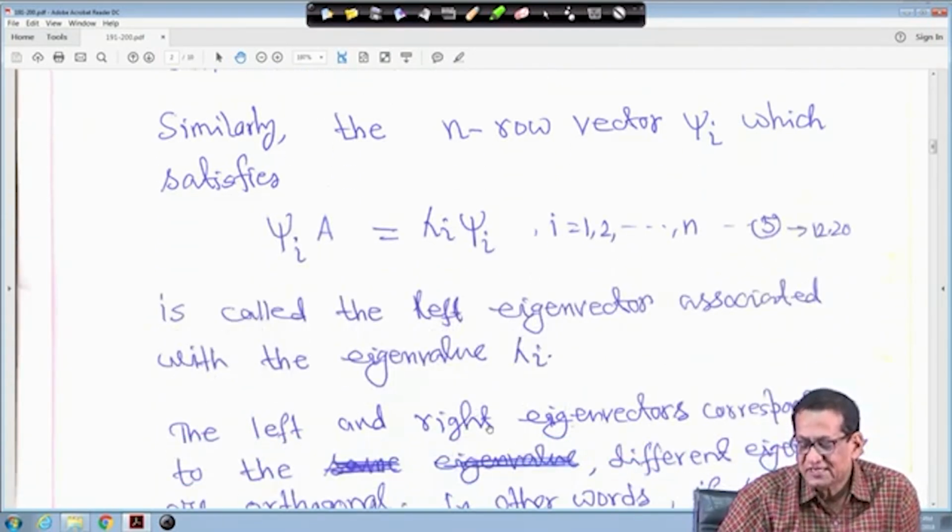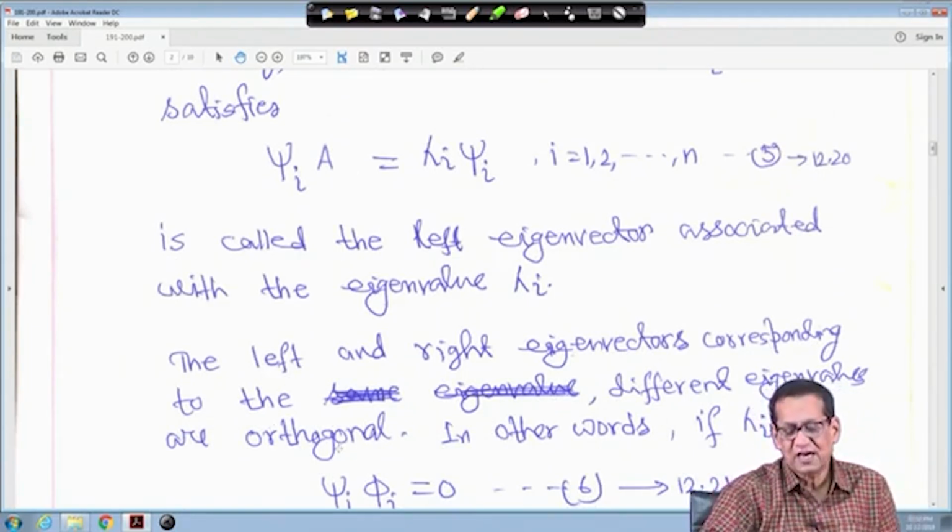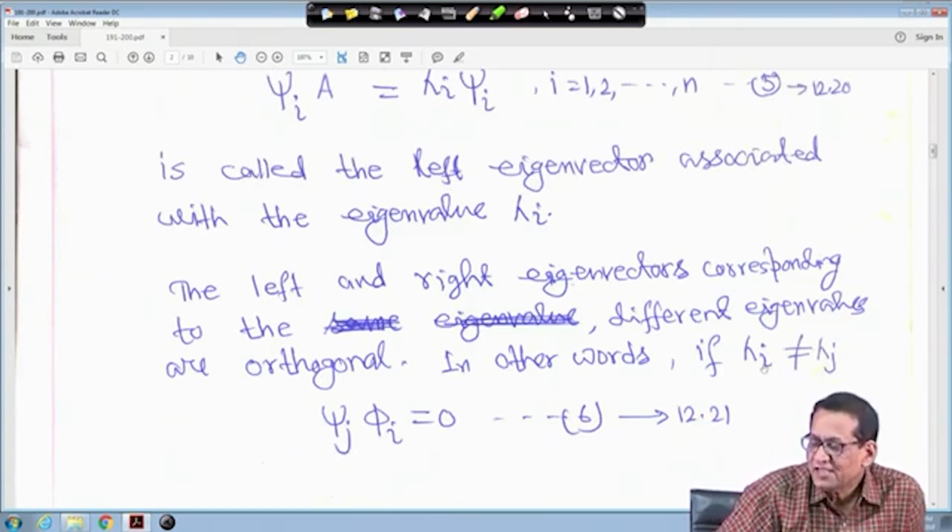Now, the left and right eigenvectors corresponding to different eigenvalues are orthogonal. In other words, if lambda i is not equal to lambda j, then psi j phi i is equal to 0. This is equation 6.